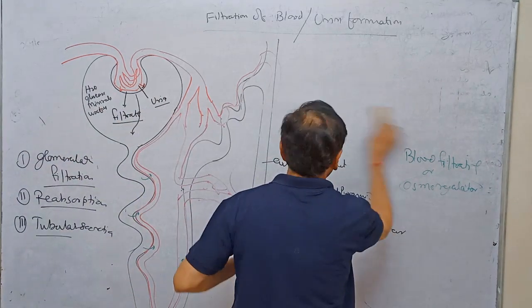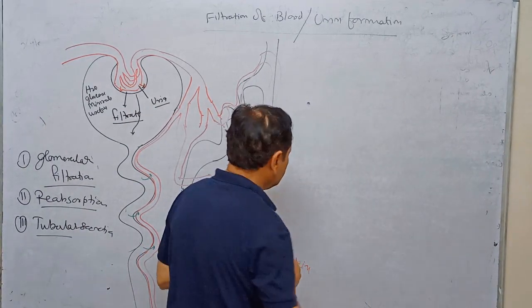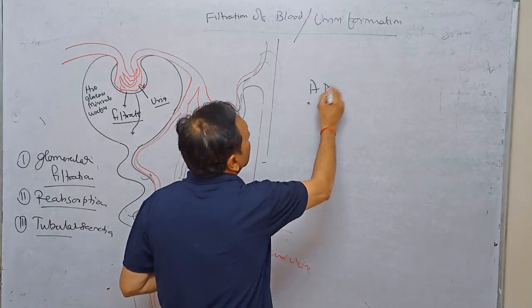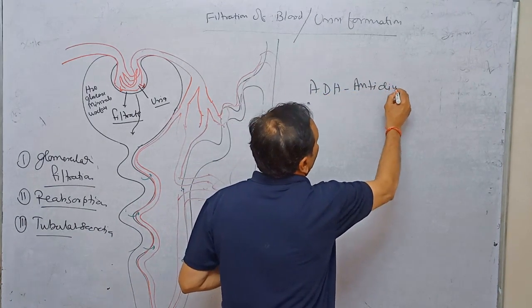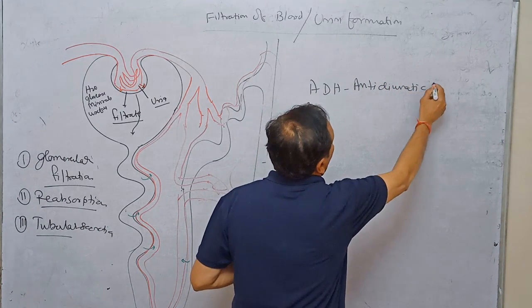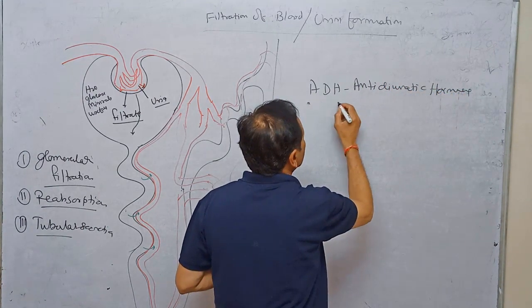There are two hormones. One is ADH, called antidiuretic hormone. It is also called vasopressin.